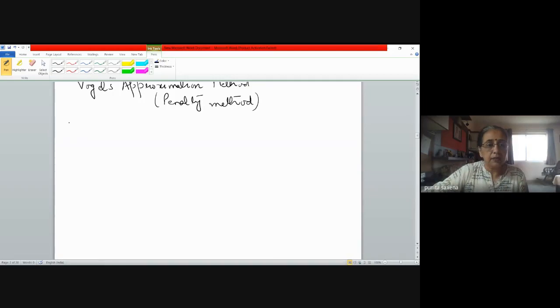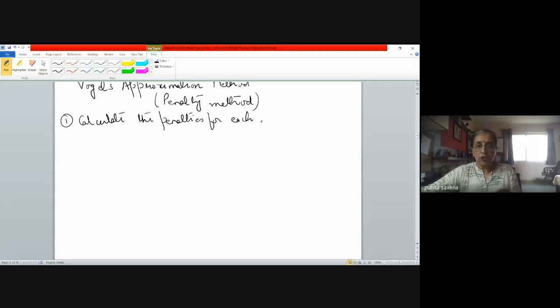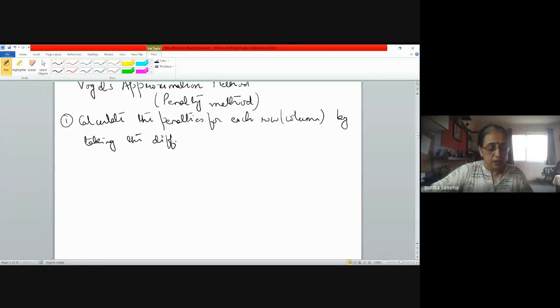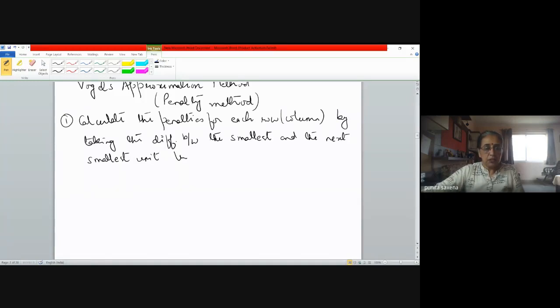Okay, the step number 1 here, Vogel's approximation method, is going to be to calculate the penalties for each row and also for columns simultaneously by taking the difference between the smallest and the next smallest unit transportation cost in the same row or column.